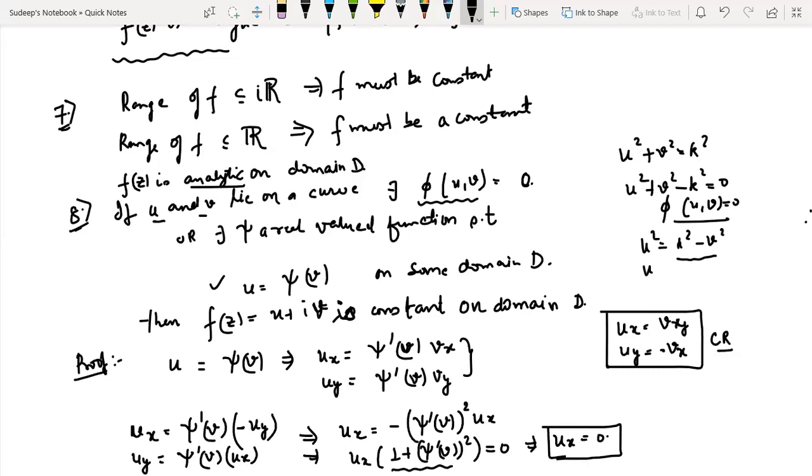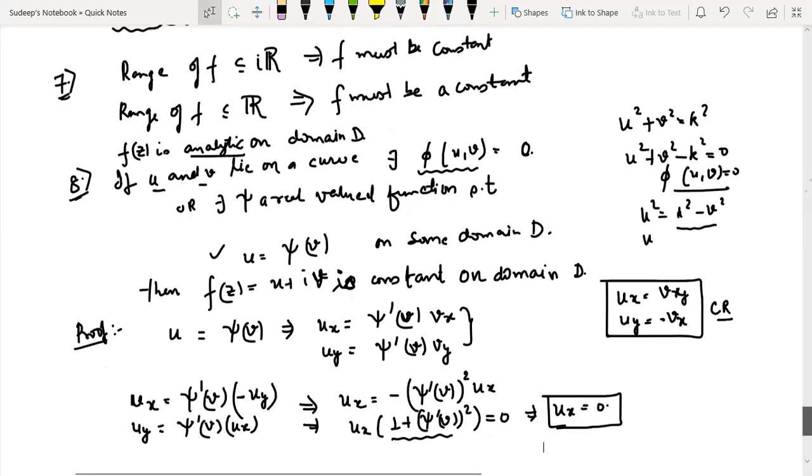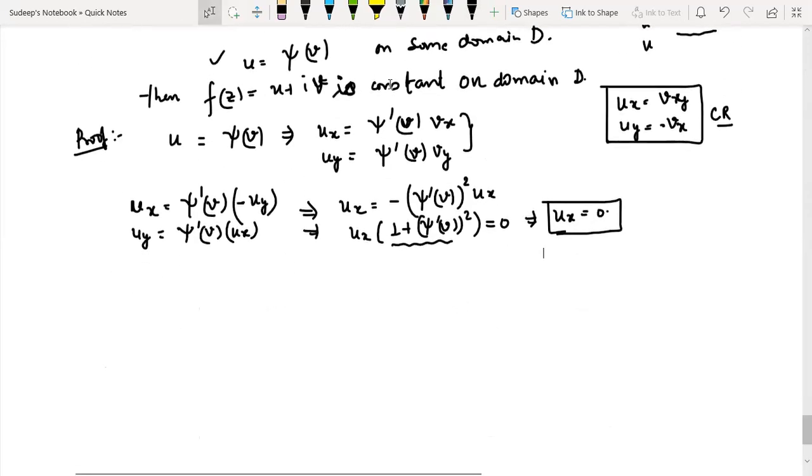In the same way, I can prove that uy is also 0. I'm just not proving it here, but just think about it. All we have to do is write instead of this thing.